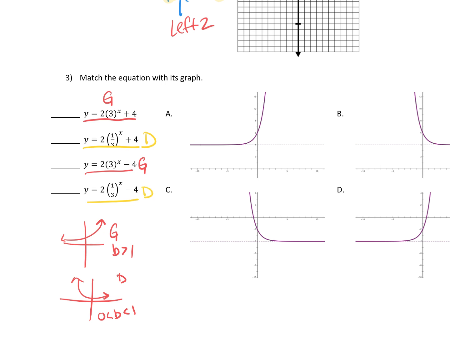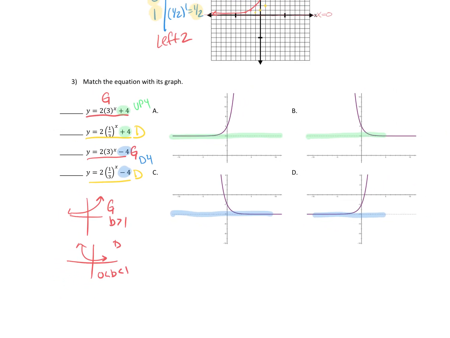Now the other thing I'm looking at is where this asymptote is. If I notice, I have a +4 asymptote here and here. So that means I'm shifted up 4. And I can see that happening here and here, versus in these two, I have a down shift of 4, which I can see happening here and here.